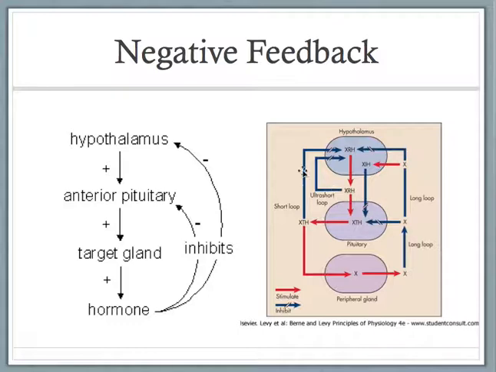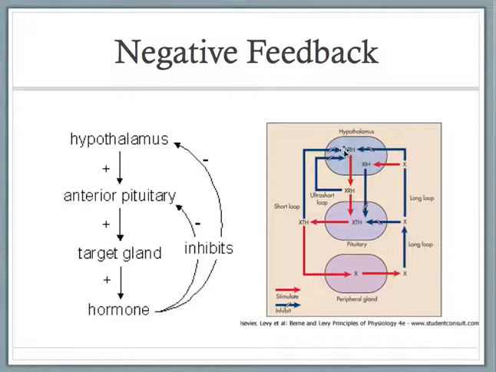There's also a short loop that involves tropic hormone X. When there's a nice strong level of the tropic hormone, that can shut off production at the level of the hypothalamus because the brain senses that it's made enough of that hormone.